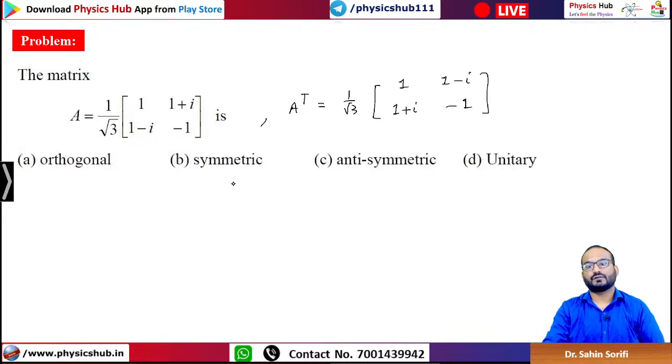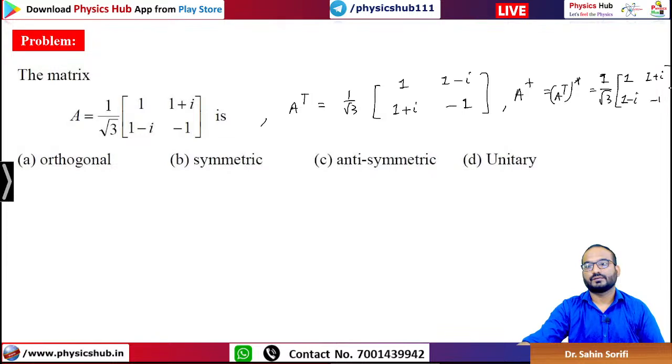So obviously this is not symmetric and not antisymmetric. So these two options are not working. Let's consider A dagger. A dagger is A transpose star. So it is like 1 upon root 3, 1 plus I, 1 minus I, minus 1.